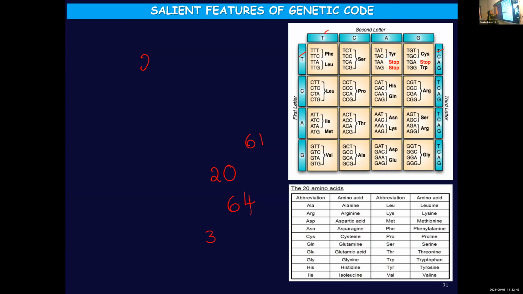We need to code only for 20 amino acids, and we have 64 codons. Each codon is a sequence of 3 nitrogen bases, and out of this 64, 3 are stop codons, so they don't code for anything. So 61 codons remain to code for 20 amino acids.